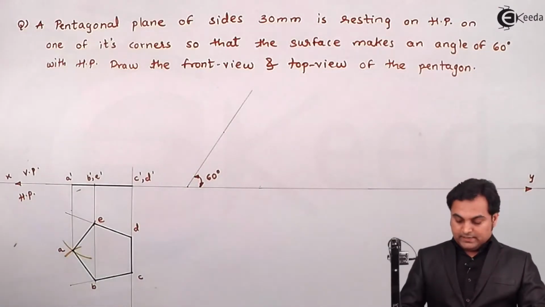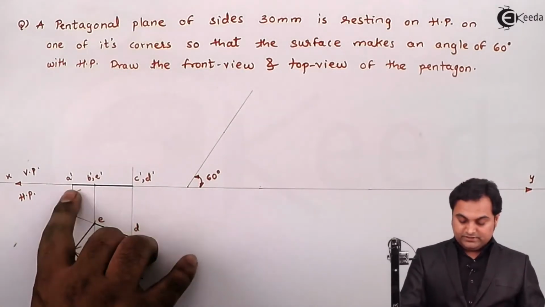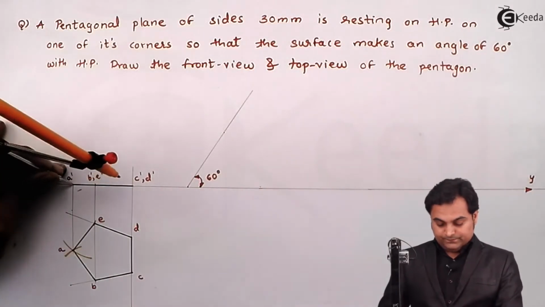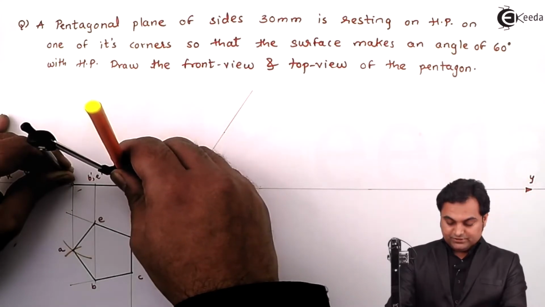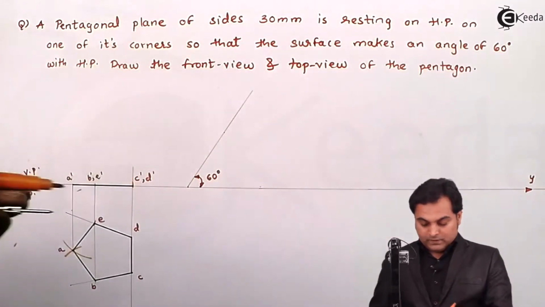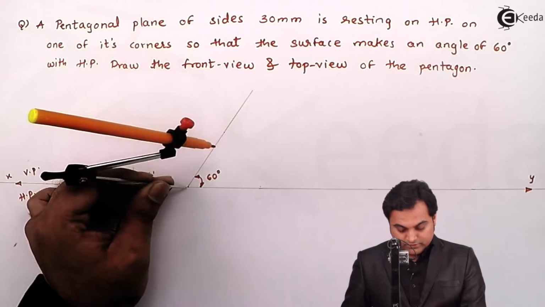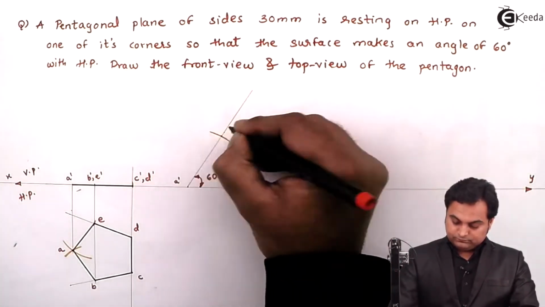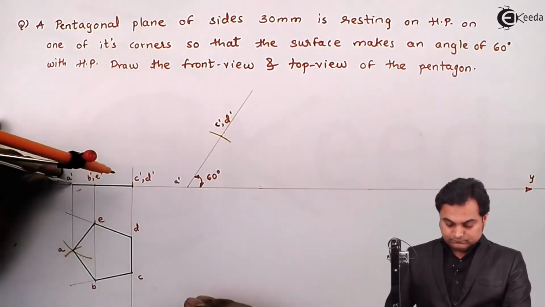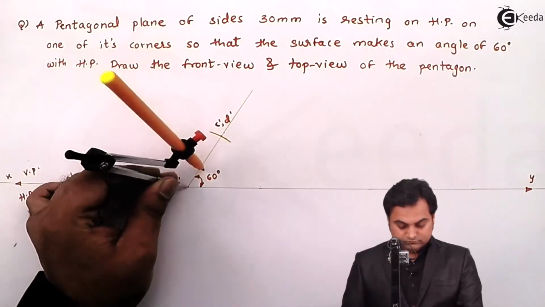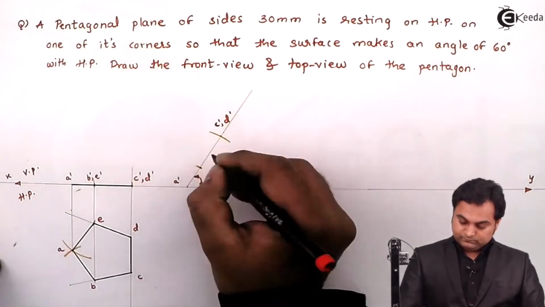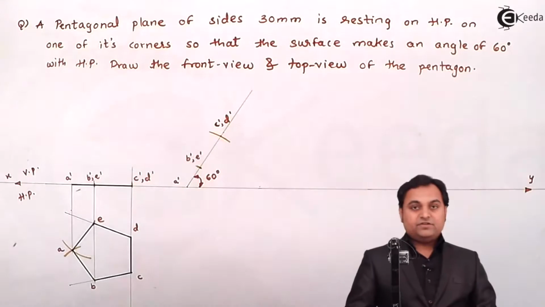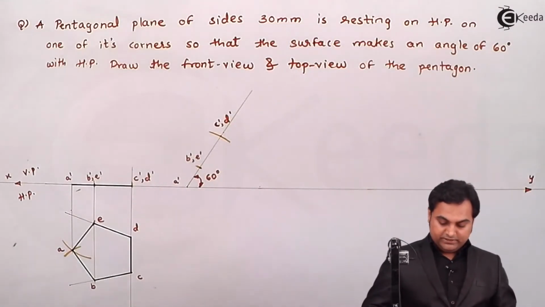Then I'll measure the length of the cutting plane, that is the pentagonal plane, A dash C dash, measuring the distance up till here. Keeping the point over here, I'll cut this line.